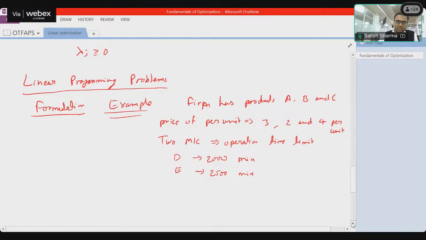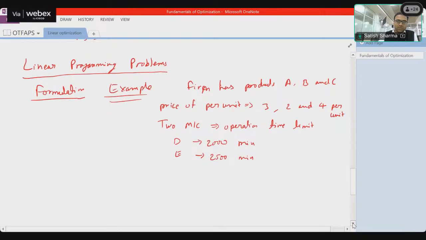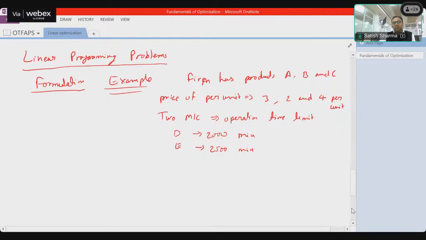Now, a machine can produce a certain quantity in each minute. Let's assume a particular example.